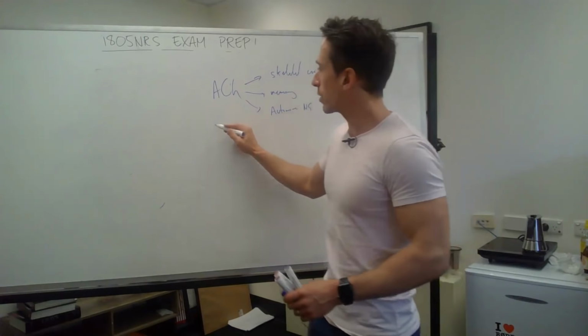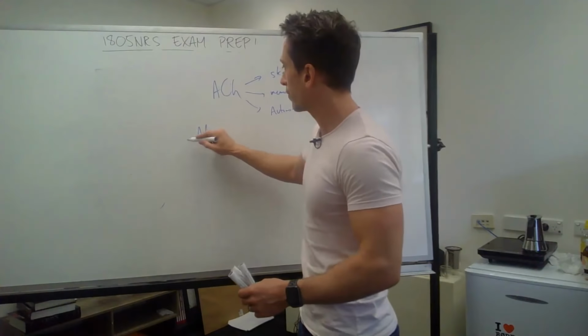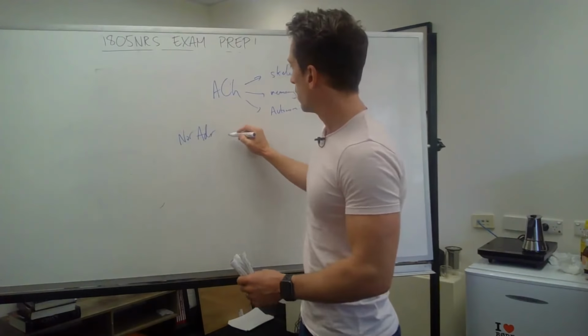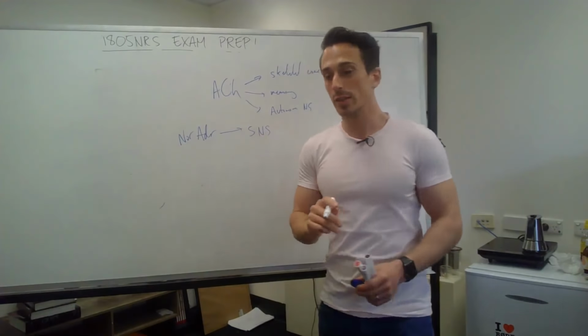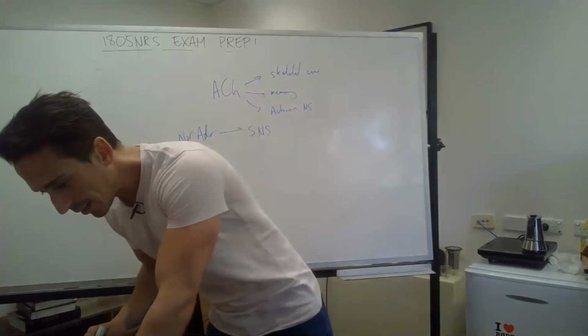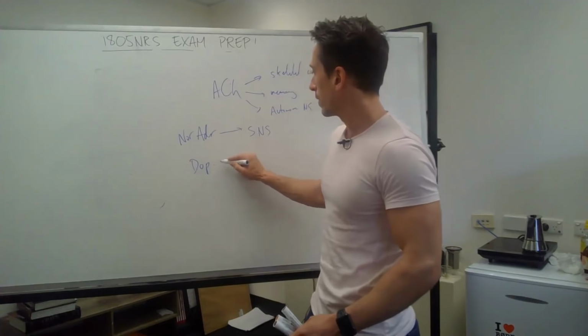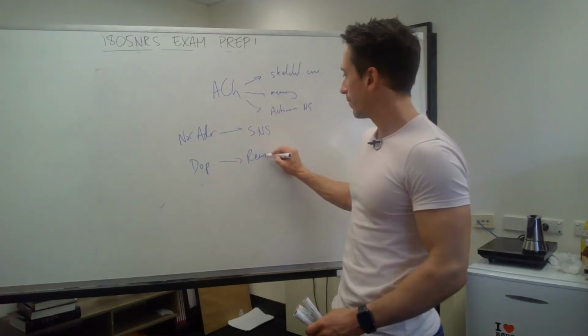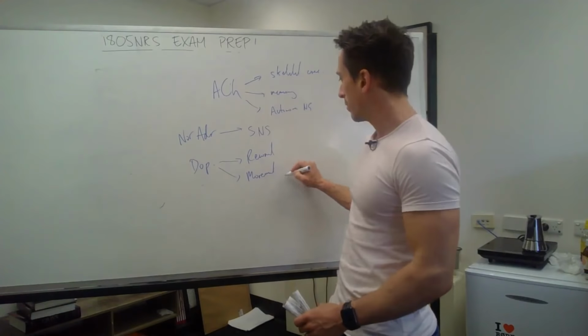Right? When you look at adrenaline or noradrenaline, it's involved with the sympathetic nervous system. When we have a look at dopamine, reward, and movement in the basal ganglia.